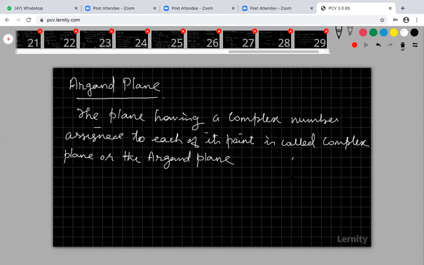What is plane? This consists of the set of all ordered pairs. If I am representing some complex number, that means every point represented in this plane is a complex number, then that plane is called complex plane or Argand plane.